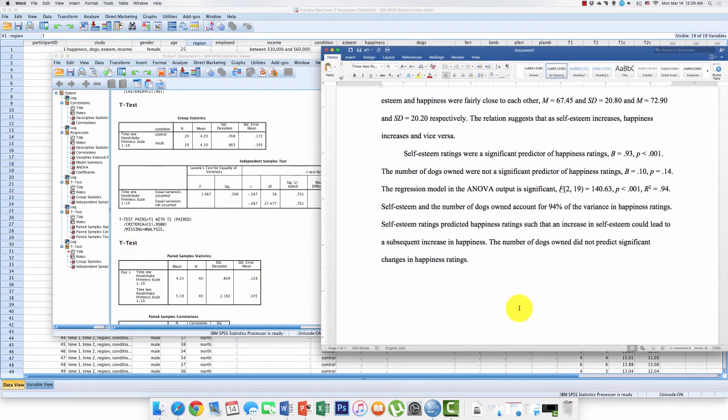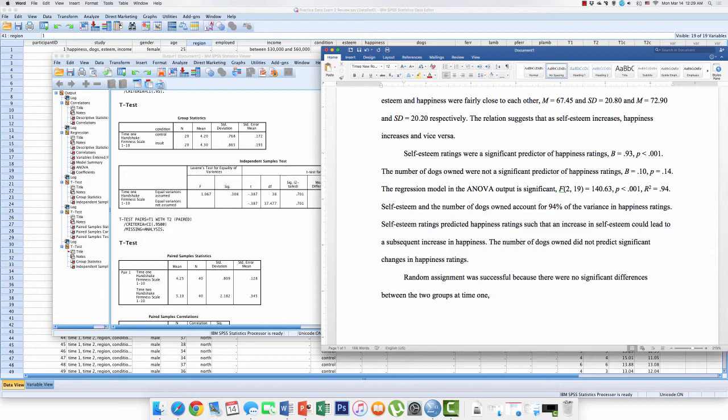We're going to say random assignment was successful because there were no significant differences between the two groups at time 1.